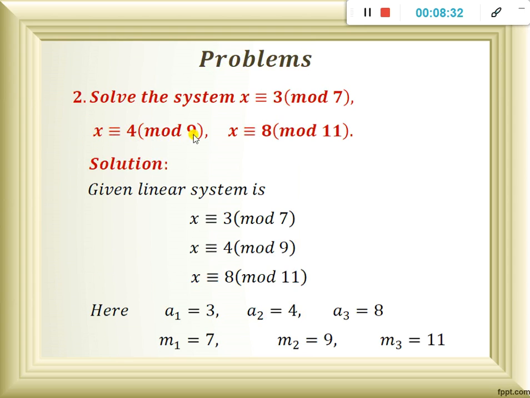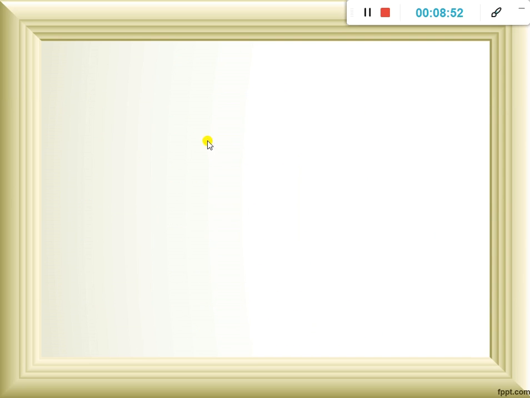Divide 283 by 9, the remainder must be 4. Similarly, replace x equal to 283, divide by 7, the remainder must be 3. Here replace x equal to 283, divide by 11, it must give the remainder 8, otherwise the answer is wrong. So this is the way to check whether our answer is correct or not.